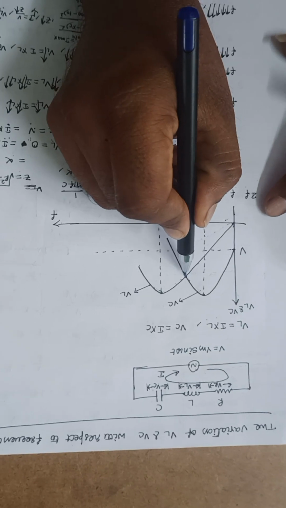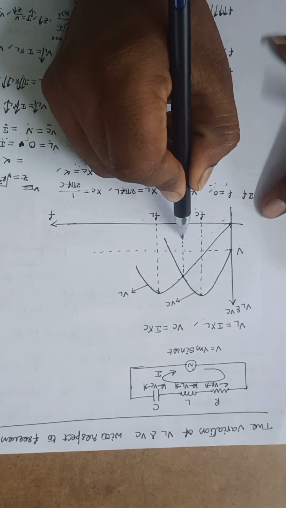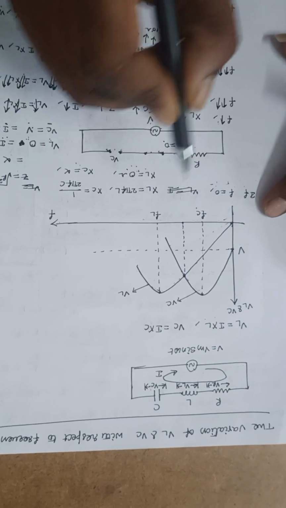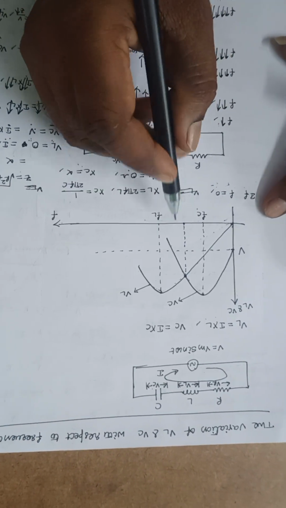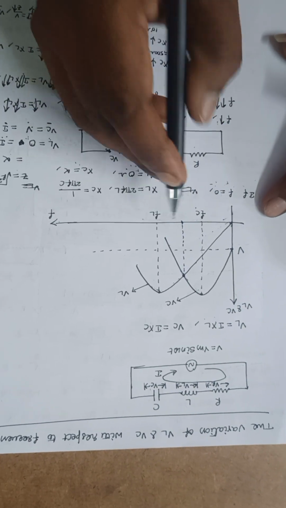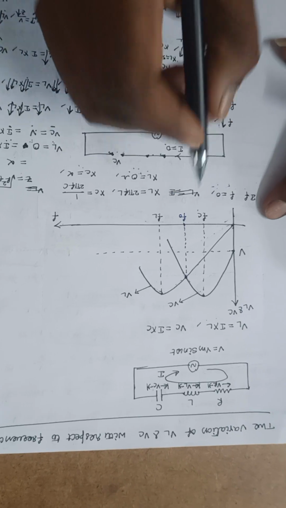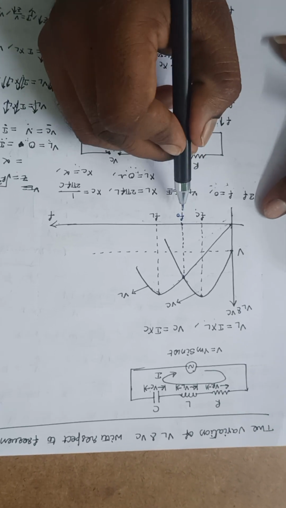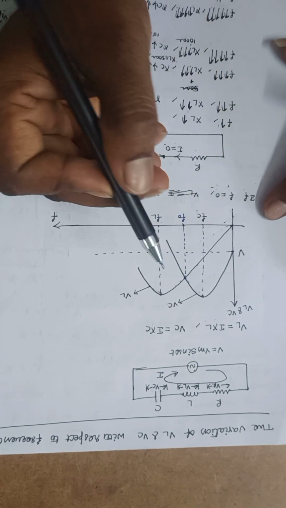So here at this point XL is equal to XC. That means it is the frequency at which it is a resonance frequency. It is nothing but the resonance frequency at which both VL and VC are equal.